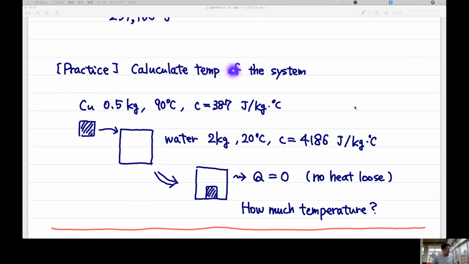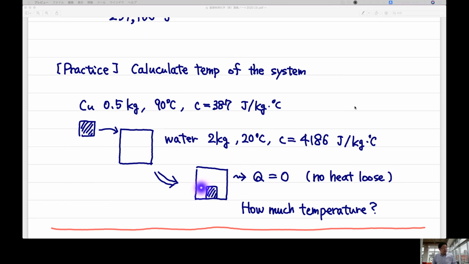Calculate the temperature of the system after mixing copper at 90 degrees C, the specific heat constant of the copper is 387 joule per kilogram degree C. And here you can see the water, 2 kilogram, 20 degrees C, and the specific heat is 4,186 joule per kilogram degree C. If you mix these two systems, I mean this copper at 90 degrees C put into this water in a bucket or something, how much temperature can you observe after mixing the copper and water system?